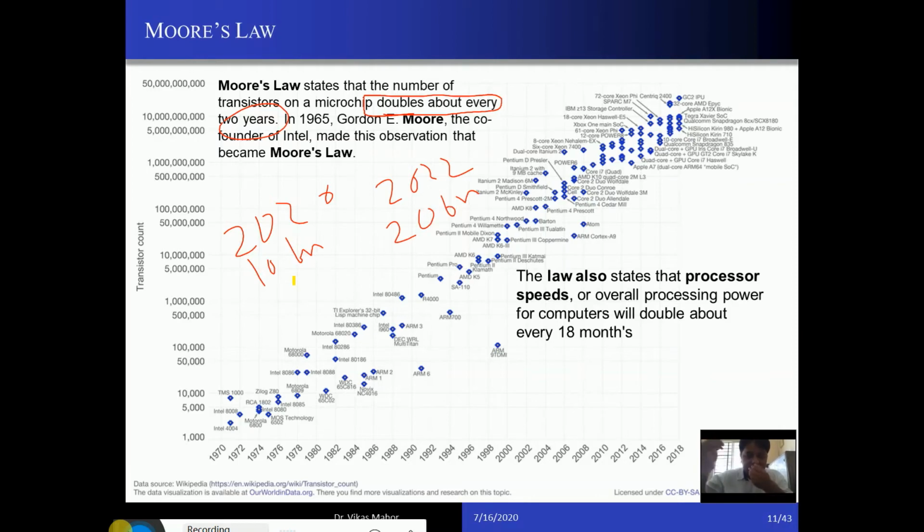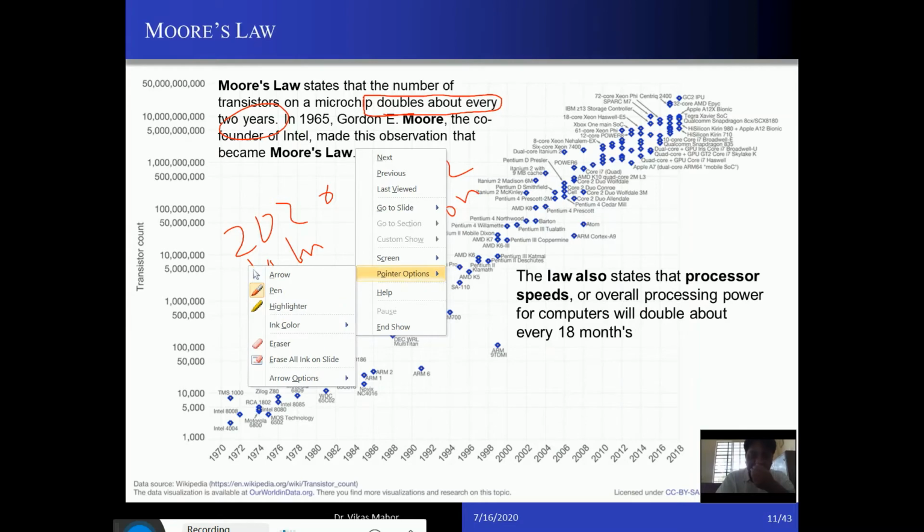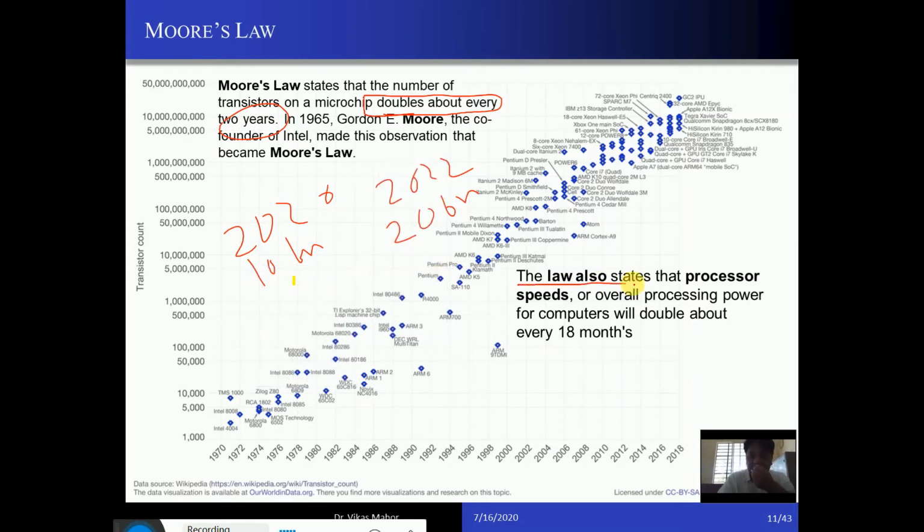Fine. And this law also says that the overall processing power, what is overall processing power? The overall processing power means the processing speed of the processor. You might also have observed that every year the processing speed of the processor increases. For example, in your i3 processors or P4 processors, you are using 2 GHz processors. What does 2 GHz mean?